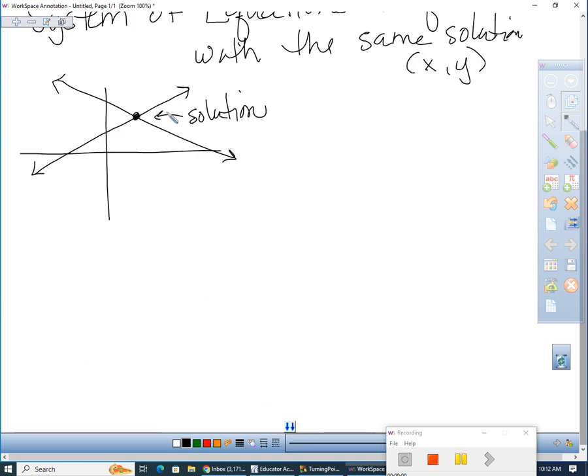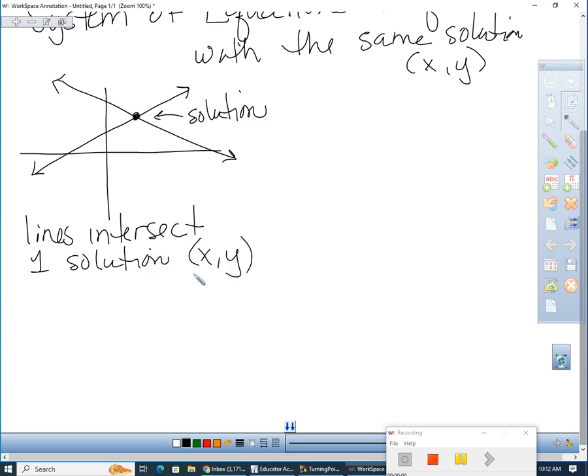Okay? When they intersect, we'll put lines intersect. There is one solution. That solution is your x, y point where they cross. And this type of system is called independent.